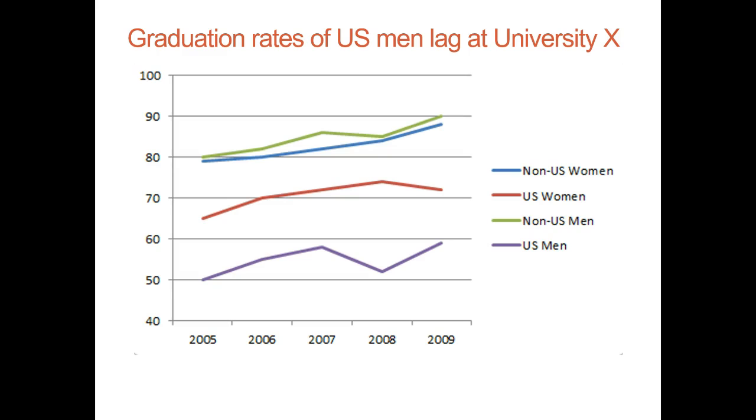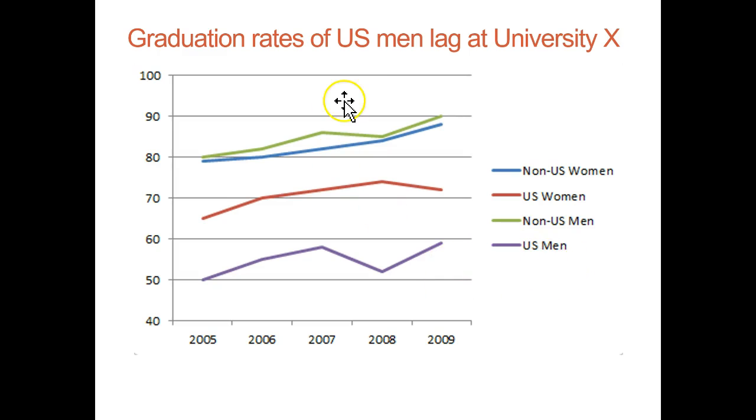Here's another graph we haven't seen before, looking at graduation rates by gender and international status at a fictional university. You probably noticed this would be a little bit easier to read if these lines weren't competing with the data. Now, when you're doing a presentation, you could take a few liberties here.